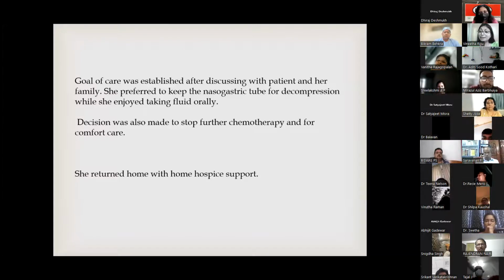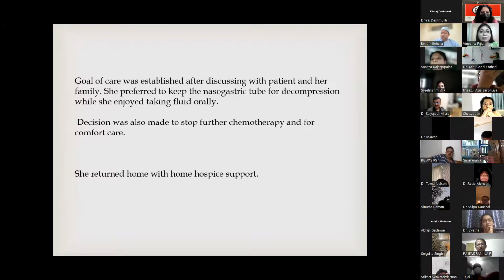When she was convinced that she could still take oral fluids even though she had the obstruction and the complaints of vomiting, she preferred keeping the nasogastric tube. The decision was made, after discussing the goals of care with the family, that they would stop any further chemotherapy and proceed for comfort care alone.